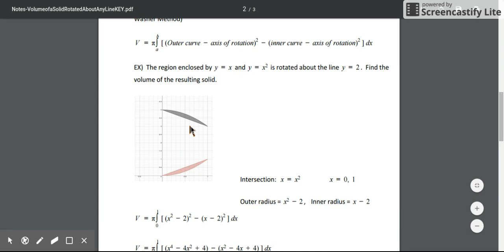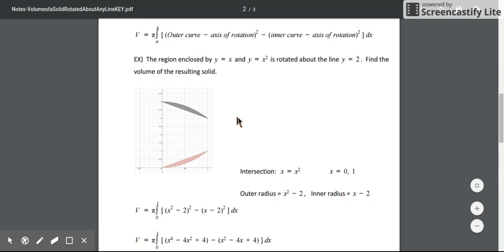And now if we find the distance from our axis of rotation to the outer curve, that would be our outer radius. So we take our outer curve minus the axis of rotation, and then square it, and then we can get the area of our outer circle, which represents the area in between our two curves. Now we can rotate it and find the volume.